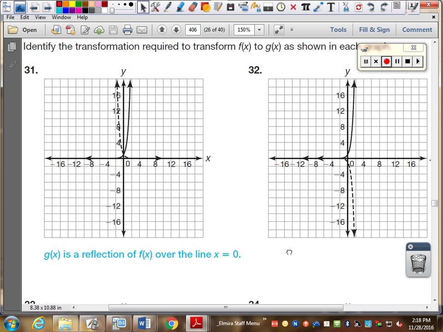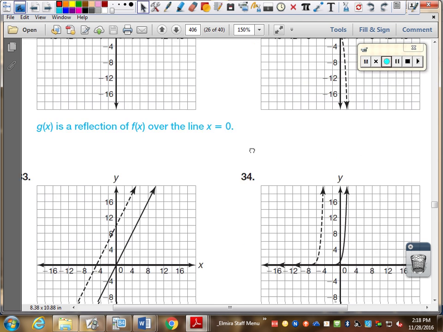Okay, the next section, they're asking you to write in words what happened. It's a reflection over what line. That's all they're asking you to do.